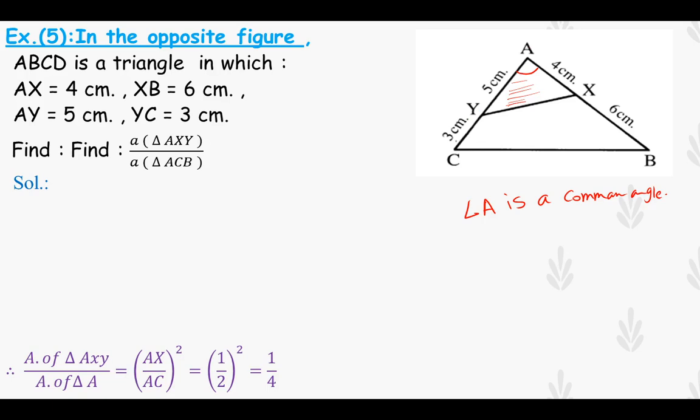What about the enclosing sides? Here the enclosing sides, one of them is 4. I will write it here for you. One of them is 4 centimeter and the other is 5 centimeter. And what about the enclosing sides of angle A in triangle ABC? The first one here is AC, 8 centimeter, and the other one is AB, 10 centimeter.